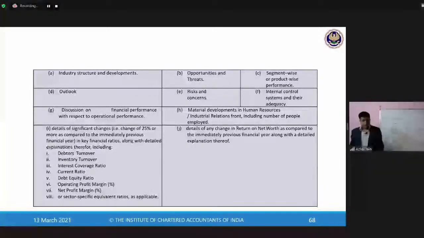So with this, we are almost done on this part related to audit committee and some of the aspects related to the LODR regulations.